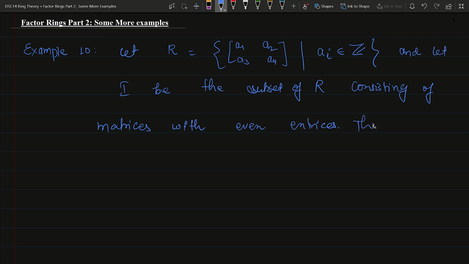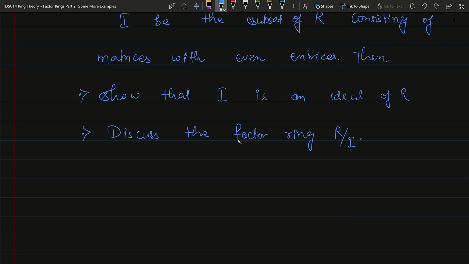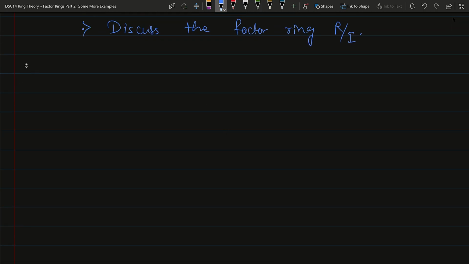Then first of all we are looking to show that I is an ideal of R, and the other task is to discuss the factor ring R by I. So first we prove that I is an ideal, and after that we see how R by I looks. We will also identify the number of elements in it. Okay, so let us write the solution.